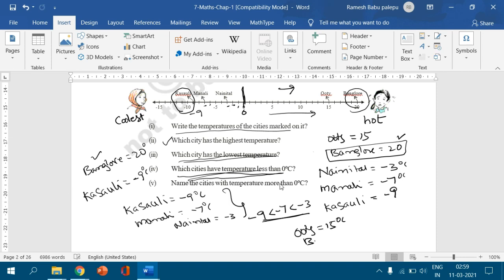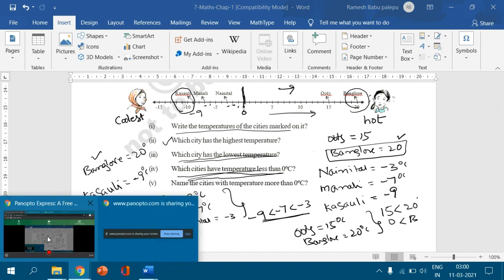Another one is Bangalore, whose temperature is 20 degrees. So we compare this one. Ooty temperature 15 degrees is less than Bangalore temperature 20. So, Ooty is less than Bangalore in temperature. Okay, friends, I hope you can understand this one, right?